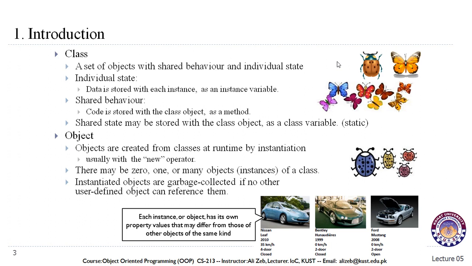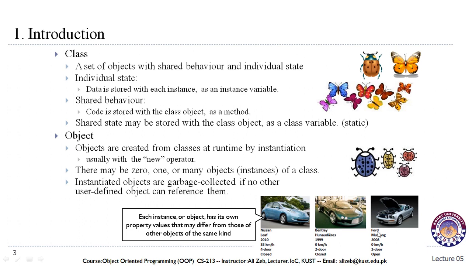So we have three cars in this example. The cars belong to the car class, but each of these cars has its own values for the properties associated with it. So the Nissan car, for example, has the name Nissan. Then there are other properties, and each of these has its own values for the individual objects.